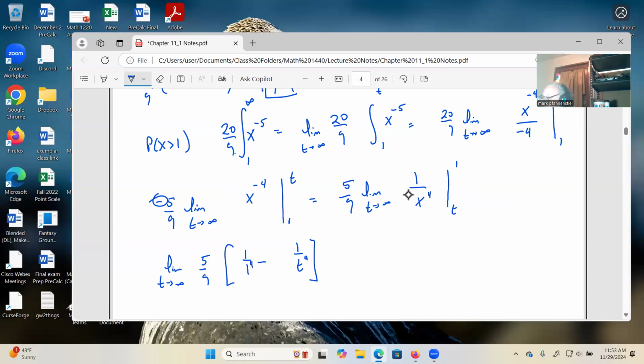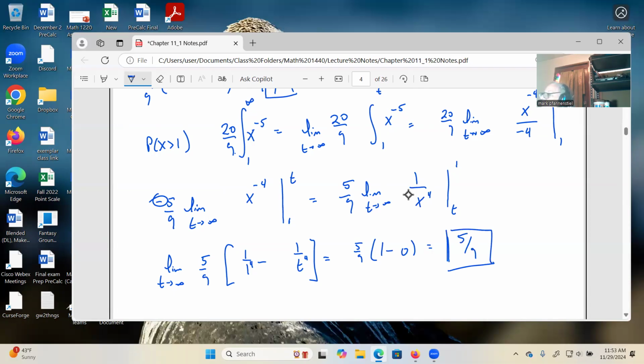As t goes off to infinity, this is just going to be 0. You don't need L'Hopital's rule for this. It's 1 over a really, really big number, we know that that's 0. You know this limit. We taught you this in Calculus 1. So this ends up as being 5/9 times 1 minus 0, which is, of course, 5/9.